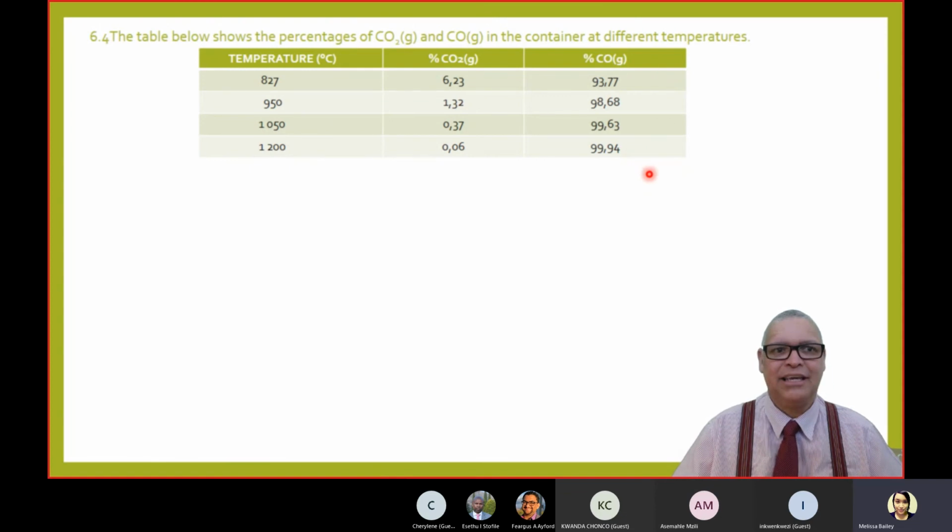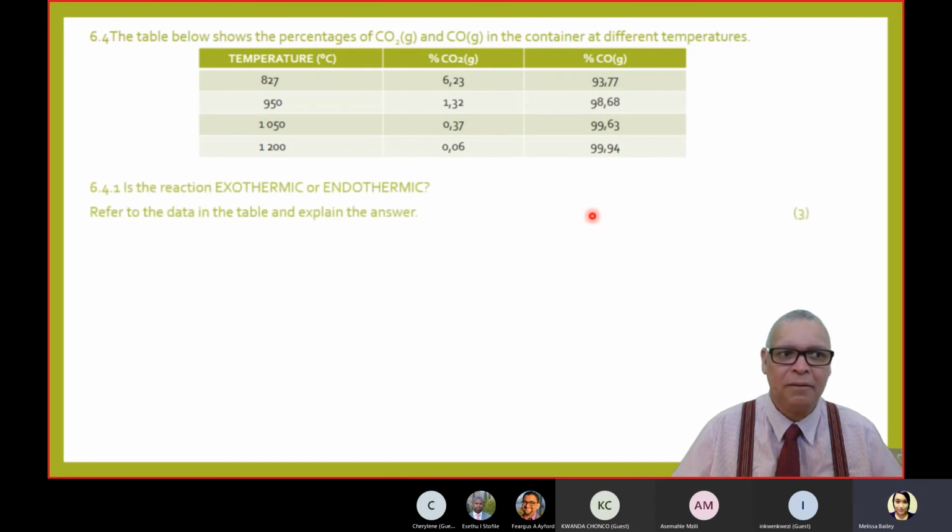Notice there's an increase here in percentages. So have we got the trend? Here the temperatures are increasing. Here the percentages are decreasing. And here the percentages are increasing. Very important.